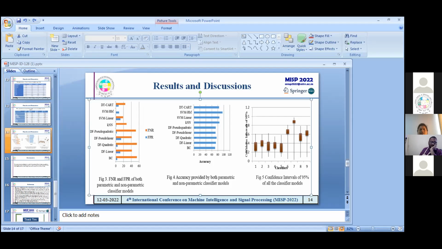So this was the result we got. We could identify that SVM was performing better, and our main intention was to identify the errors, because if a negative sample is predicted as positive, it will unnecessarily create tension for the person who has undergone the analysis.